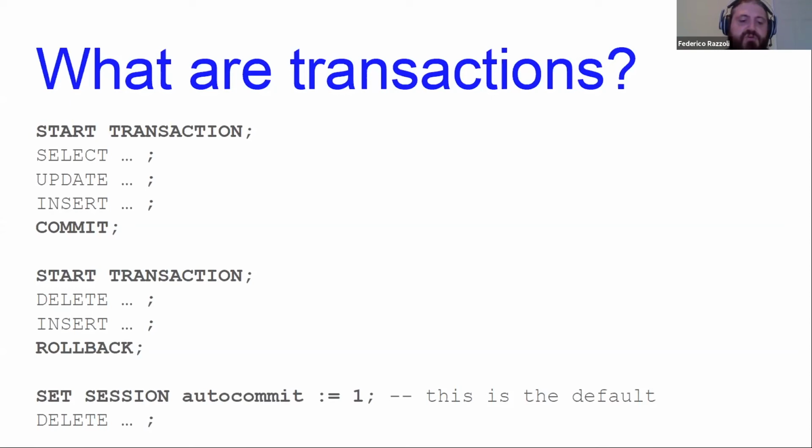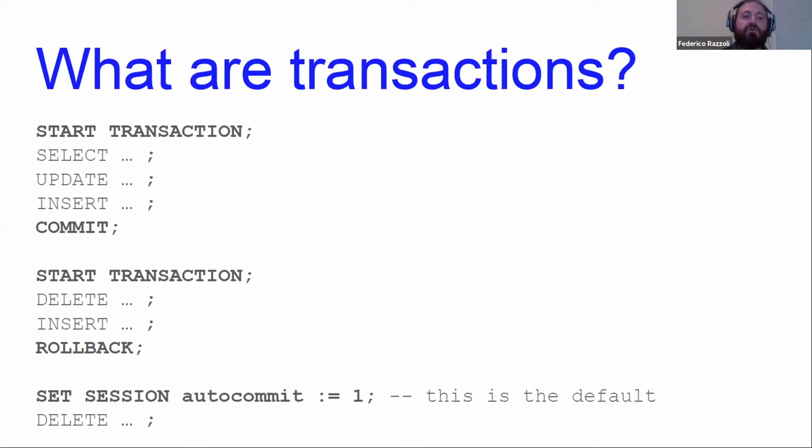If you never heard about autocommit, don't worry, it is 1 by default. Let's explain starting from the proper syntax. If you use the explicit syntax, you start a transaction, then you run some queries, not necessarily writes, they could be reads. In the first example, there is a select. And then in the end, you run a commit or a rollback.